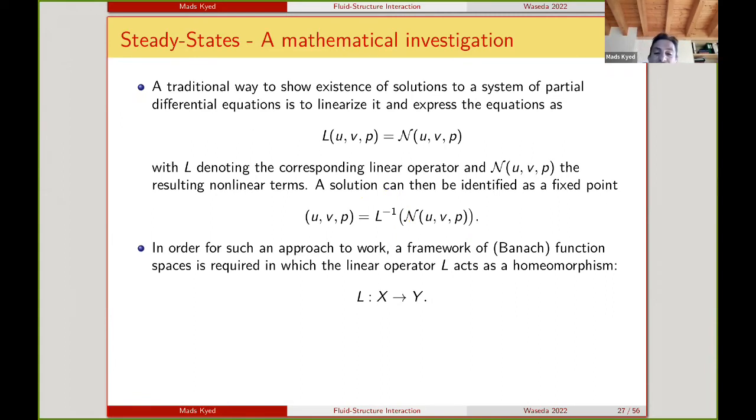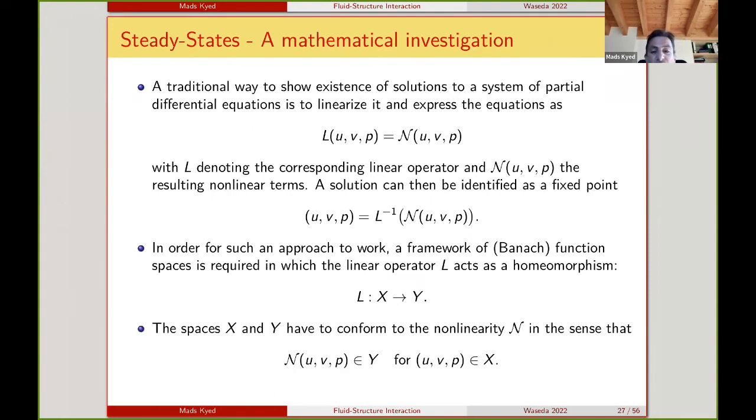So we need a setting of Banach spaces in which our linear operator is a homeomorphism. So the goal at the outset is to find function spaces X and Y such that the linear operator is a homeomorphism, and then we can look for a fixed point afterwards.